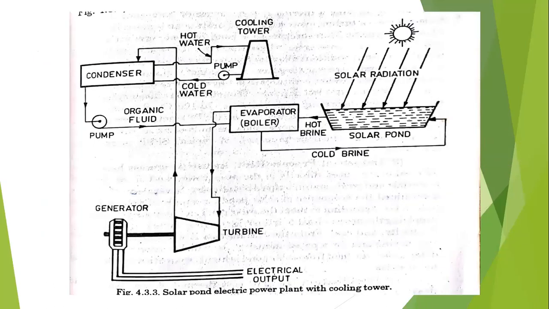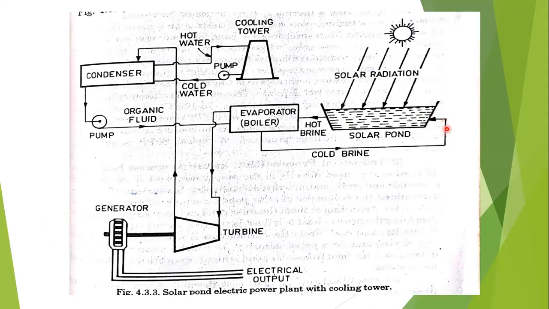If you see this figure, we can learn how we are using this solar pond for our electricity production. This is the hot brine. This is the cold brine. Both should be at almost equal levels.